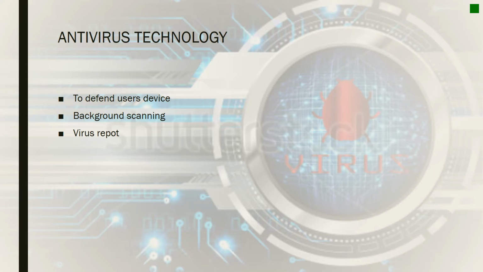Full system scans are also useful when users repair their infected computer. Antivirus technology depends on virus definitions to identify malware. That is the reason it updates with new virus definitions.